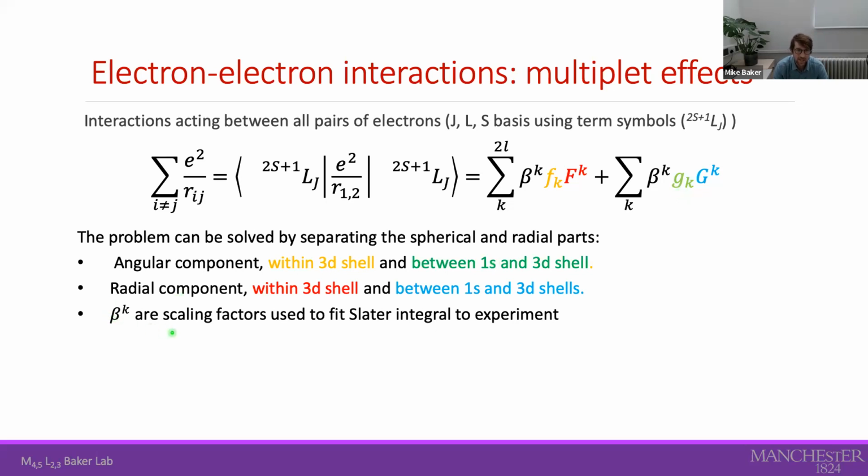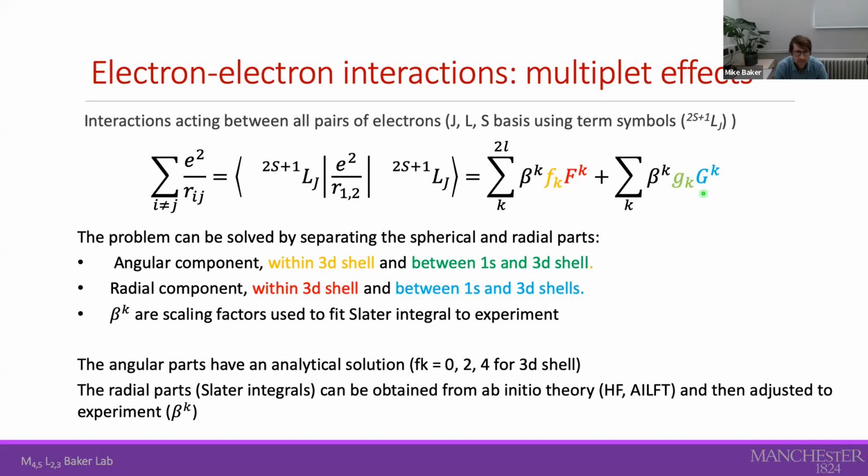So beta is a scaling factor, and that enables us to scale the Slater integrals obtained from ab initio theory to experimental data. For the angular part, for a 3d ion, this has an analytical solution such that k is equal to 0, 2, or 4. So that part's simple. And the radial parts, the Slater integrals, are constants obtained from ab initio theory.